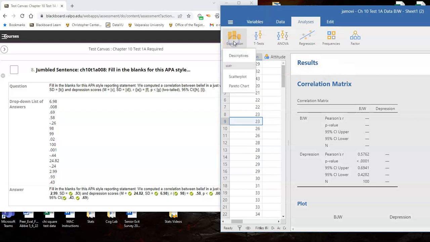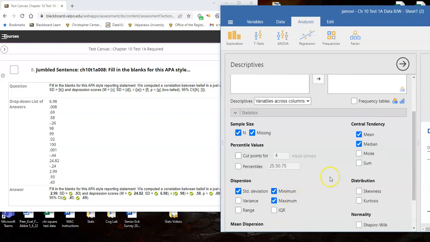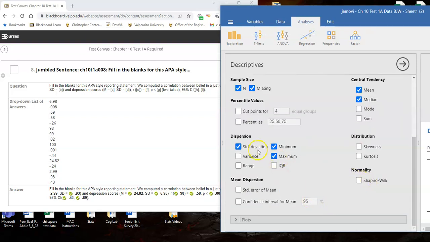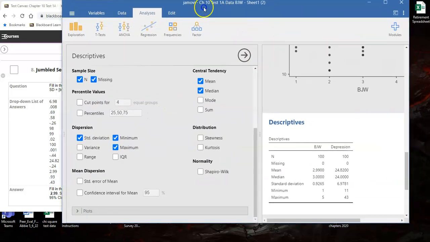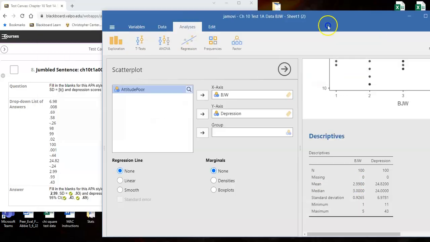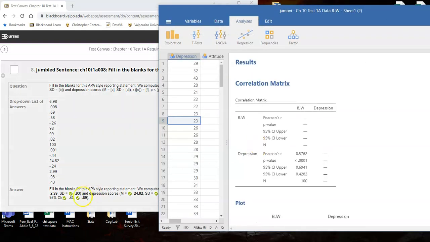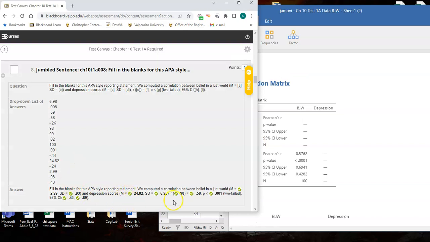You want to go to Exploration, Descriptives, and you can just pop both of them over there and make sure you're getting the mean and the standard deviation, which you are. So now you have the mean and standard deviation of each variable here. And you can use that information to answer these questions over here.